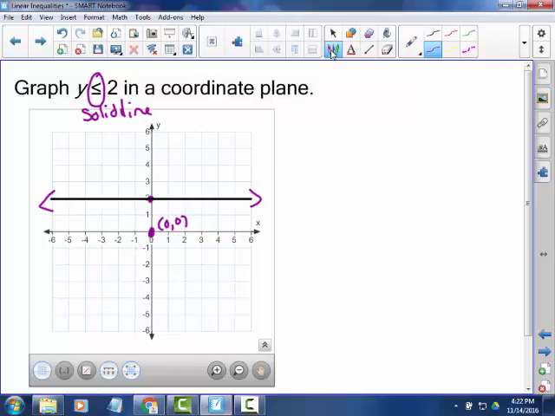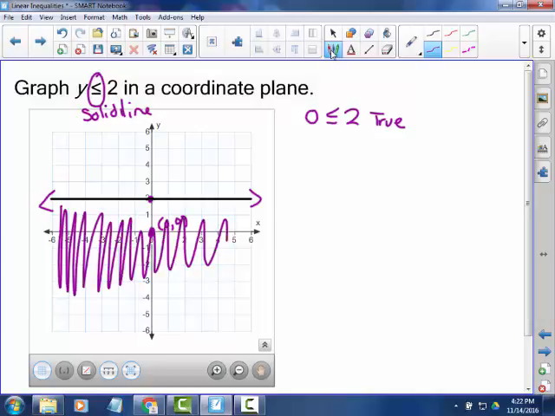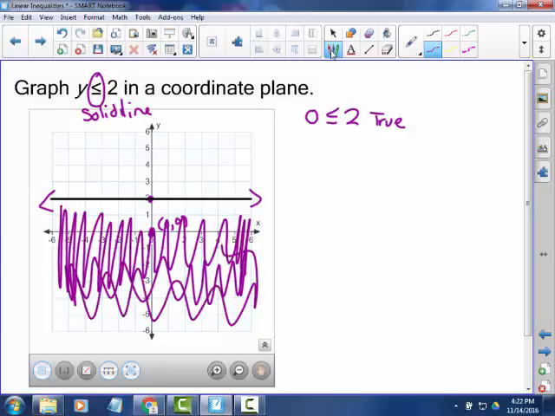My equation only has a y in it, so I would substitute y with 0 and ask myself the question, is 0 less than or equal to 2? Yes, it is. That's true. Okay, so I shade where that point is. So I'm going to shade here. Lots of shading. Okay, so that whole section is shaded in.